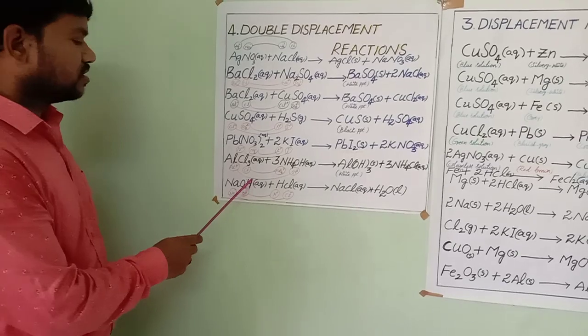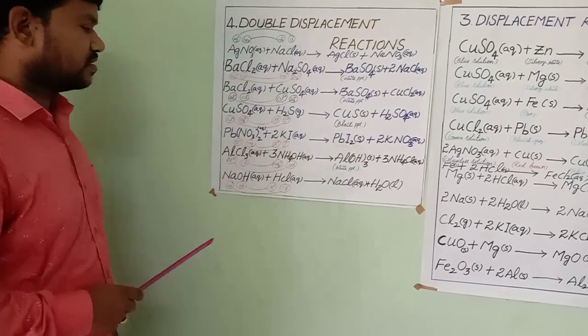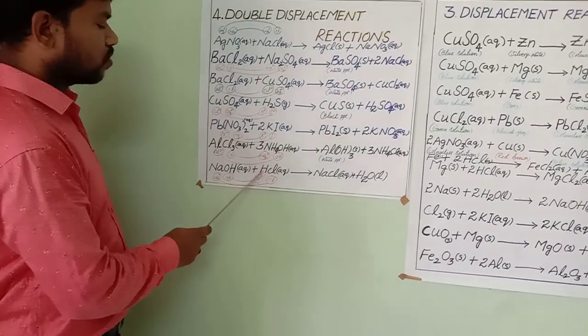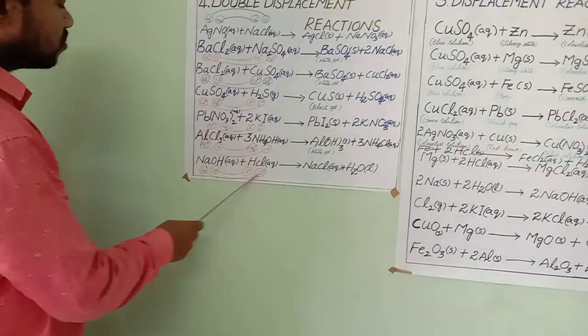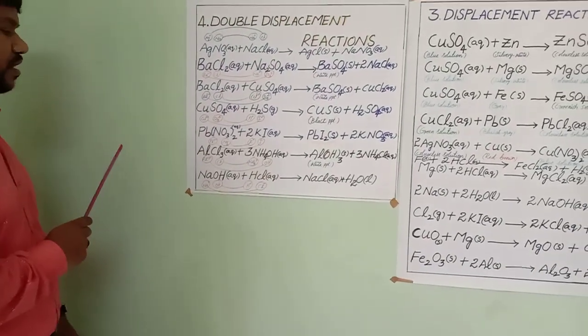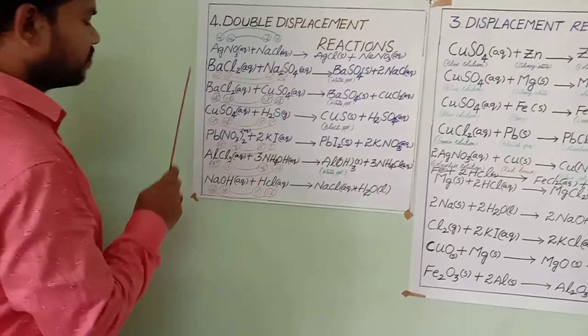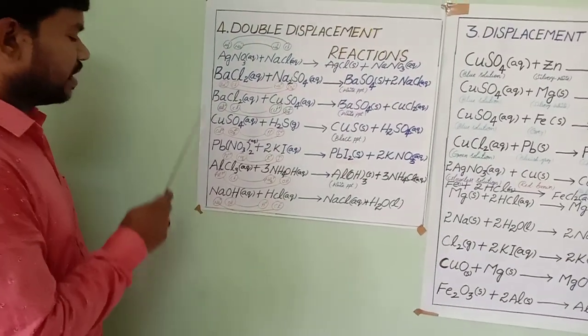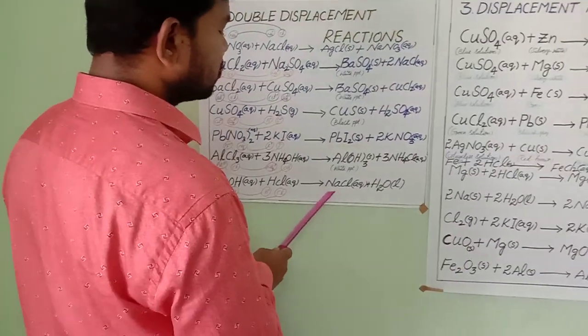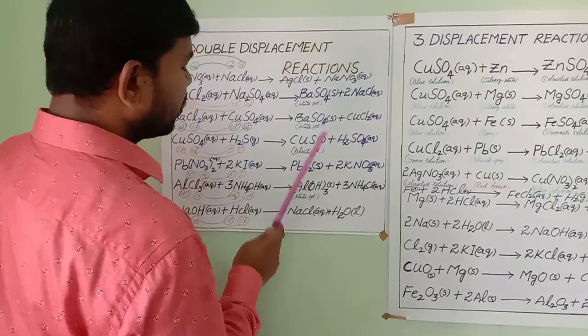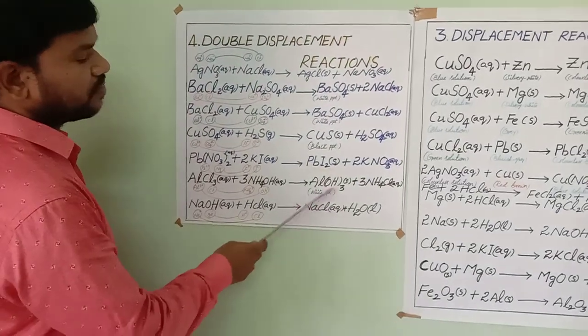So NaOH contains Na plus and OH minus ions, and hydrochloric acid contains H plus ions and chloride ions. When these two substances are mixed together, Na plus combines with chloride and H plus combines with OH minus to form two new compounds, sodium chloride and water. The sodium chloride reaction is not a precipitation reaction.